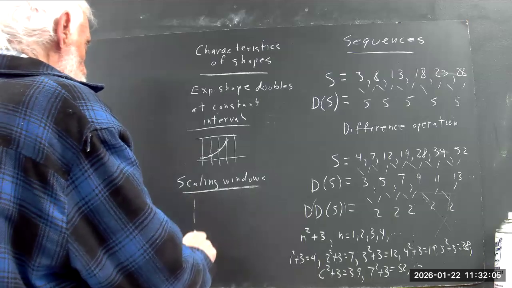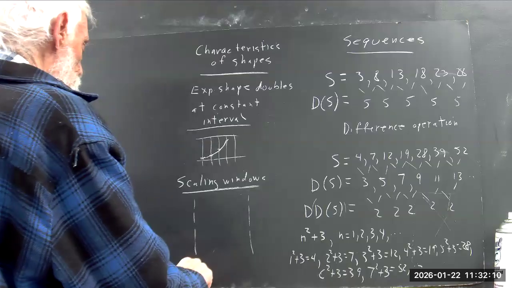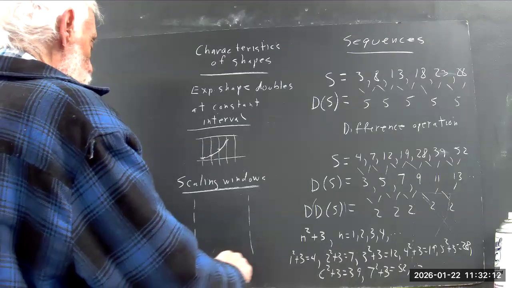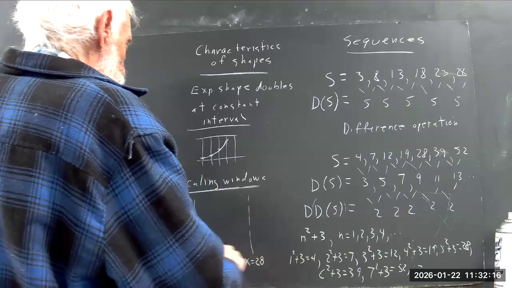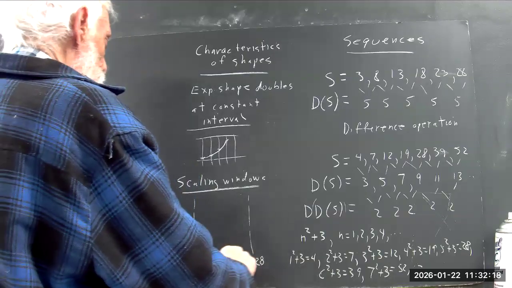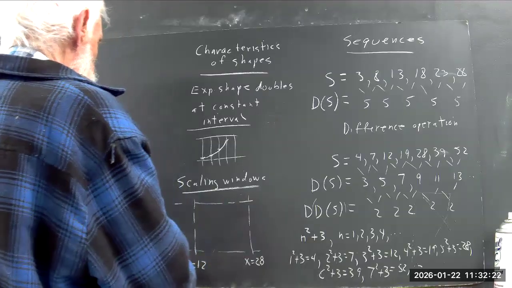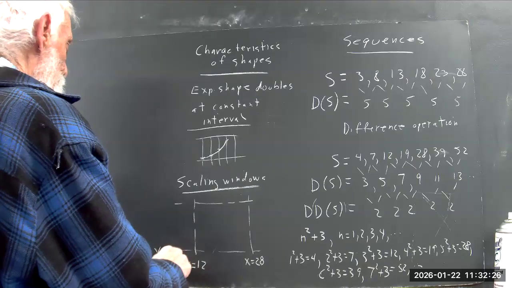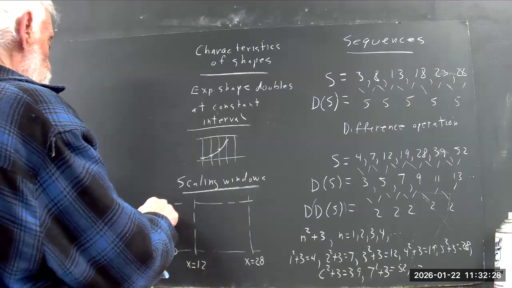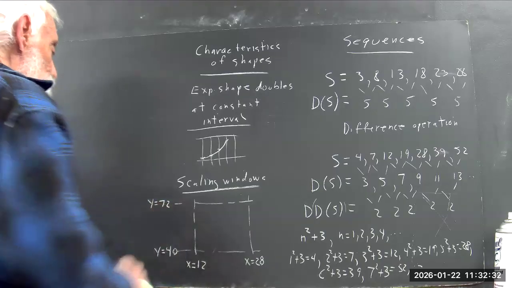Scaling windows. Let's say I ask you to sketch the lines x equals 12 and x equals 28, and the line y equals 40 and the line y equals 72.